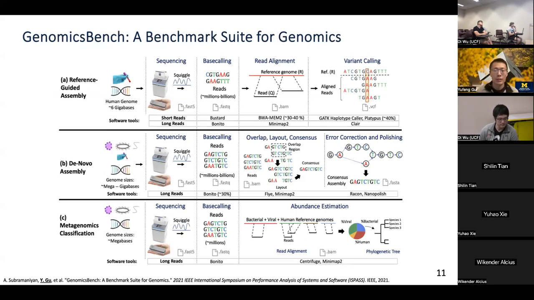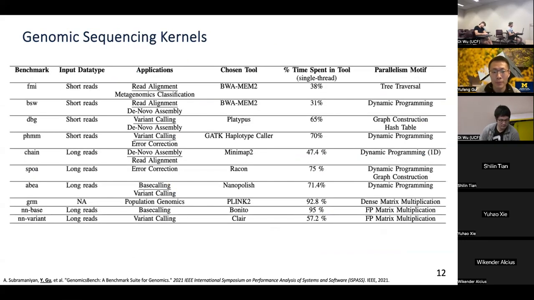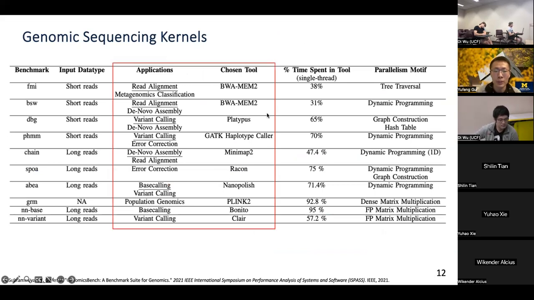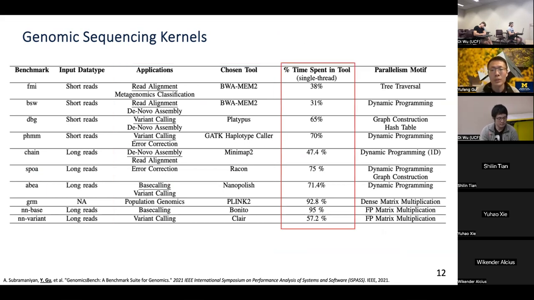In order to explore hardware acceleration opportunities, people usually build benchmarks. In this benchmark, GenomicsBench, we collect some time-consuming algorithms from commonly used sequencing pipelines. Here we can see multiple algorithms extracted from different applications like read alignment, variant calling, and so on. The reason we extract these algorithms is that they take most of the runtime among these software pipelines.